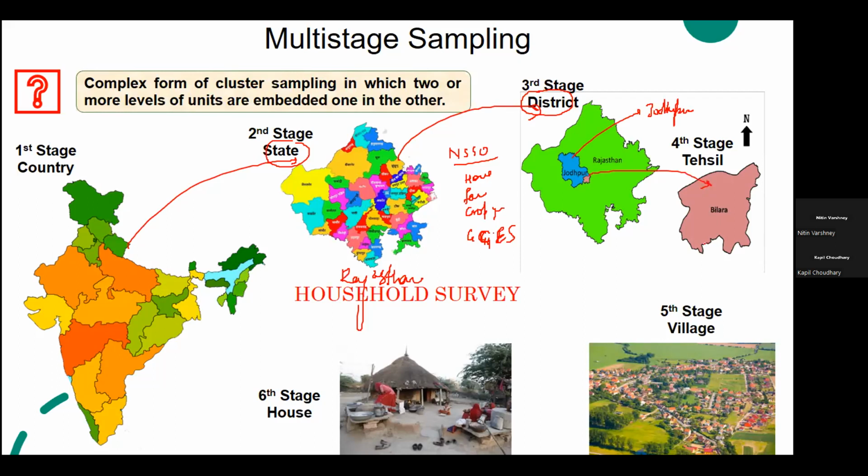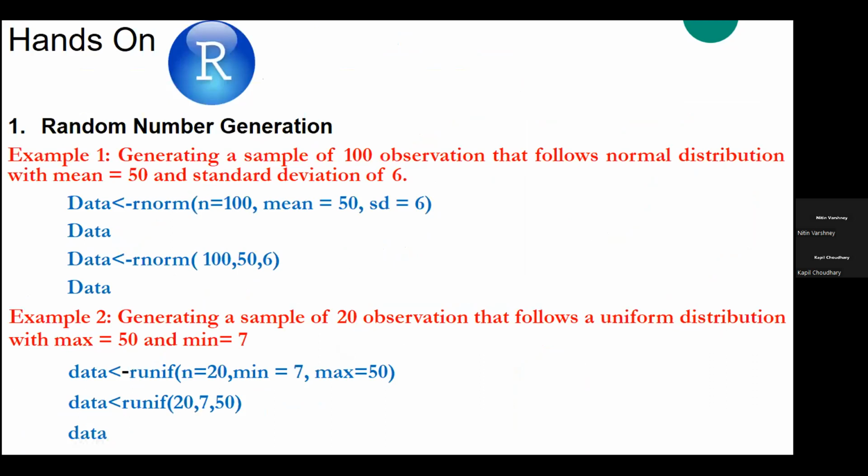So Bilara Tehsil or Taluka is my fourth stage, and after the fourth stage we will select a village, and after selection of the village, we will select a household. So this is called multi-stage sampling. These are the basic introduction about sampling. Now we will see some examples by using R programming.